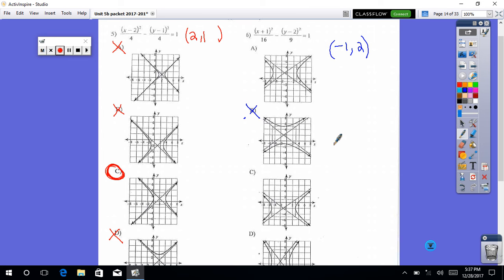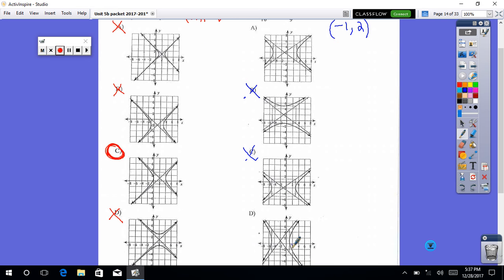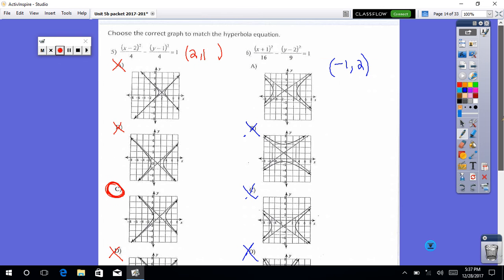So I'm looking for a center in my 3 left that is at negative 1, positive 2, so he's good. This one is negative 1, negative 2. And this one is negative 2, positive 1. So I don't even have to do any more work. It's this guy right here.